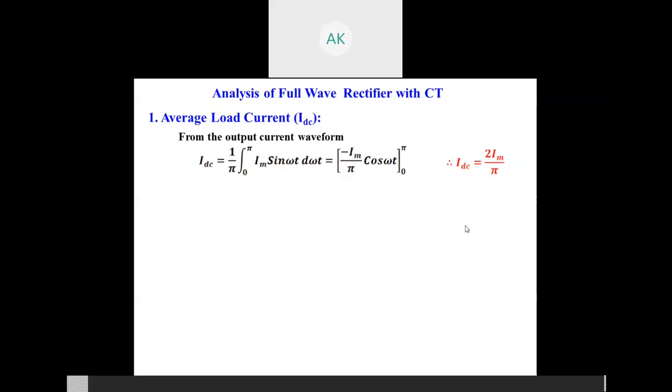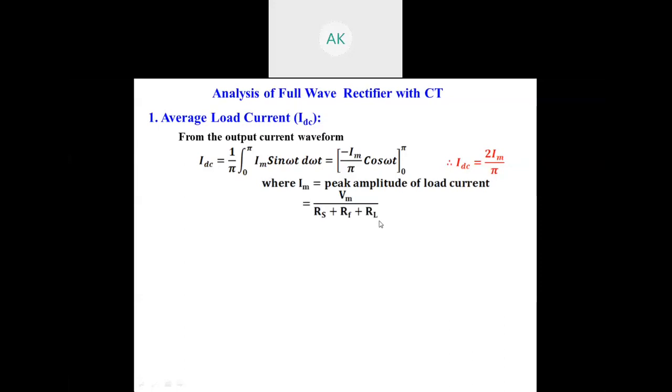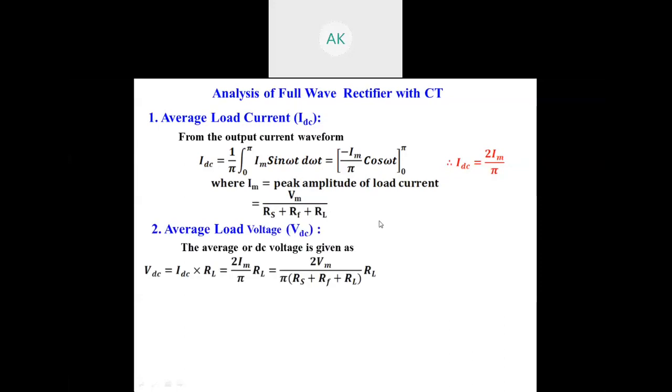First, we found the DC current and the DC voltage, which are given as IDC is equal to 2 Im divided by pi. Similarly, VDC is given as 2 Vm divided by pi.